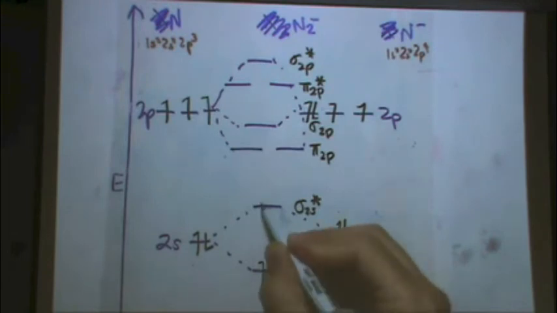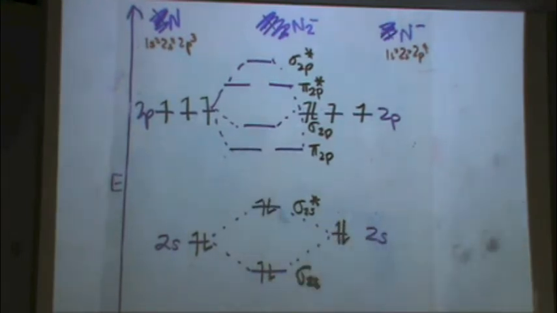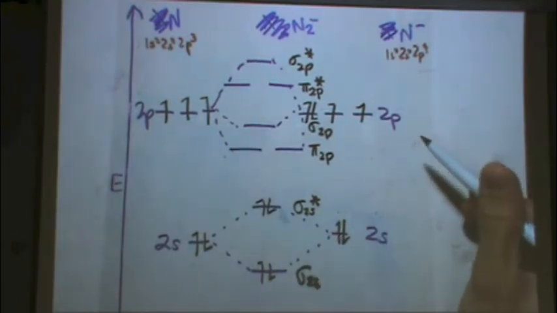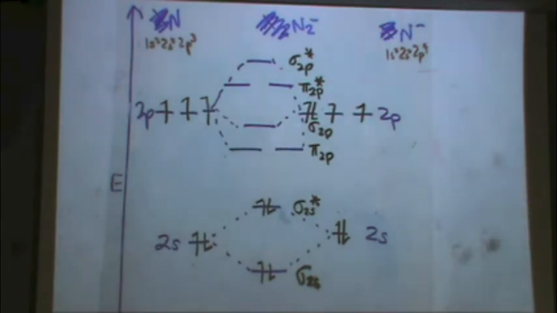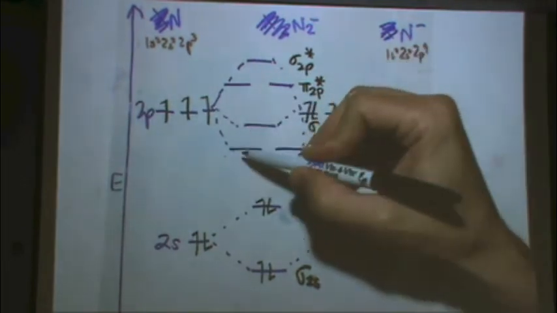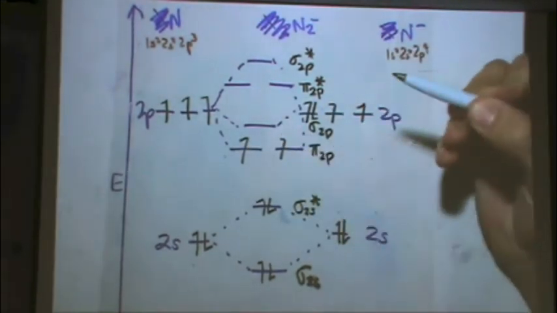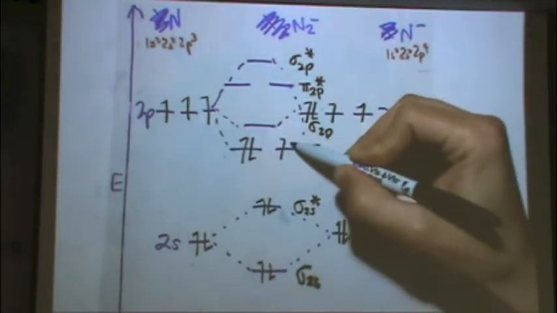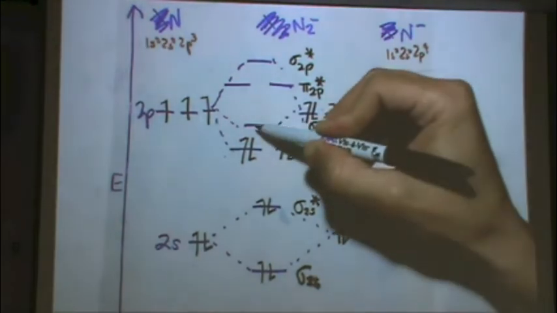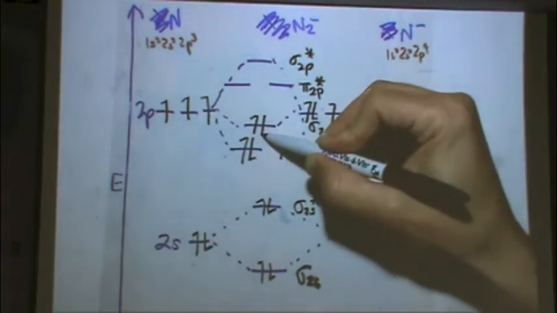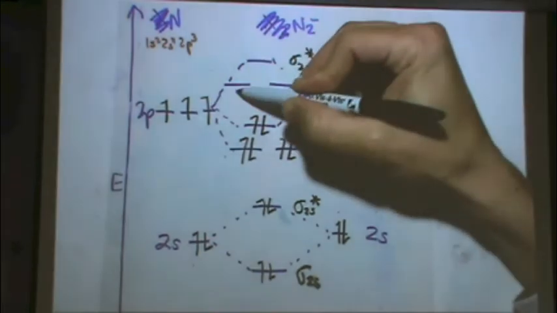For the top, for the 2p part, there's 3 and 4, or a total of 7 electrons. So we'll go 1, 2, 3, 4, 5, 6, and there's one more right here, 7.